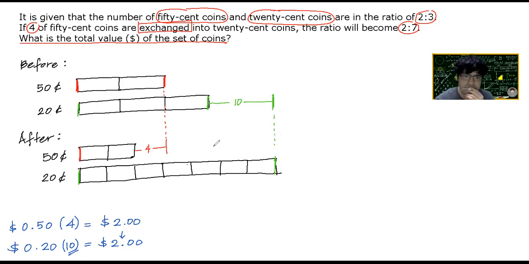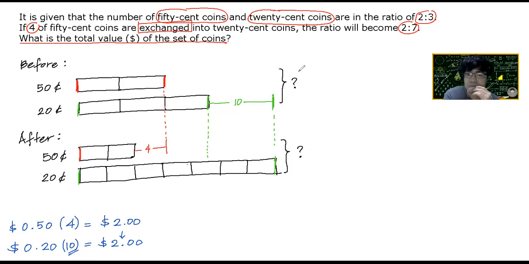If this is 10 and this is something, what we are about to find out is the total amount. Let's say this is the total amount and we are about to find out. Let's see if the before and after have the same value.